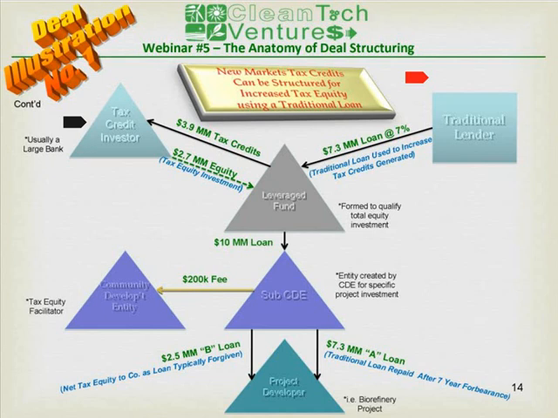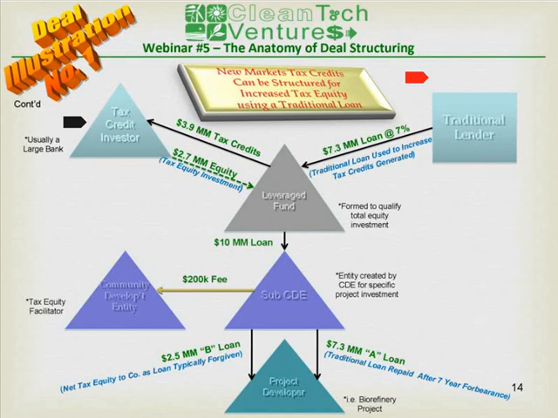What we've got here is the generation of $10 million in order to generate $3.9 million in tax credits, and that's a part of the statute. 39% tax credits generated for a qualifying new markets tax credit deal.